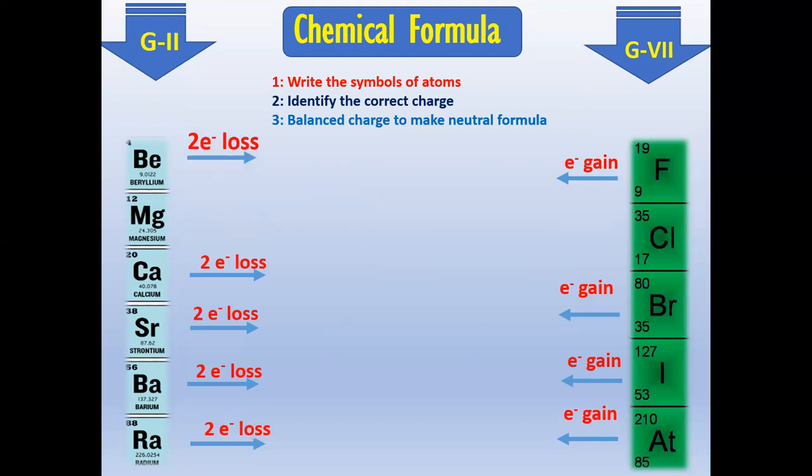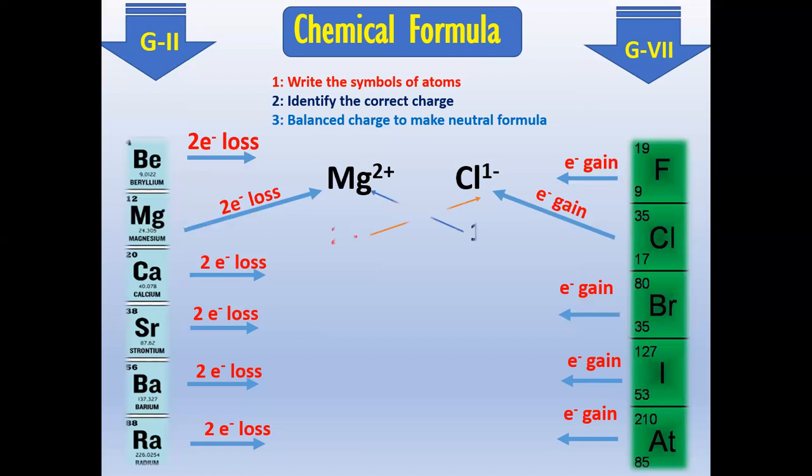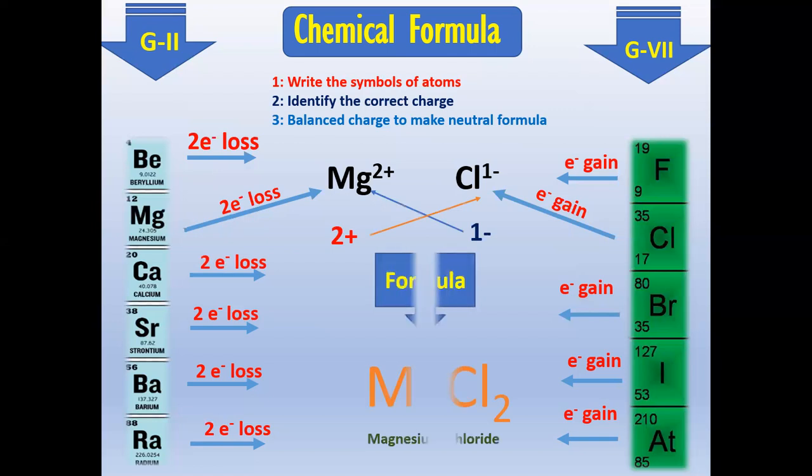For example, if you take magnesium, magnesium is losing 2 electrons, while chlorine is gaining 1 electron, so magnesium has a +2 oxidation state and chlorine has a -1 oxidation state. The +2 oxidation state we can write below the chlorine, while the -1 oxidation state goes for the magnesium. No need to write 1. In this way, we can make our formula magnesium chloride.